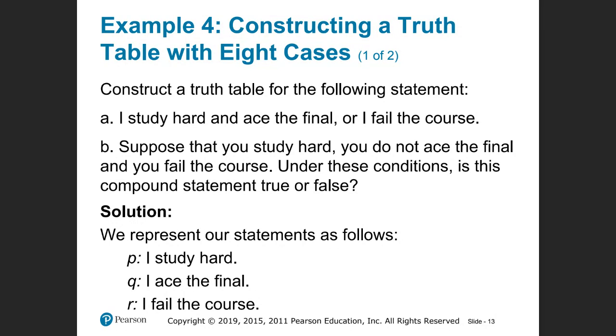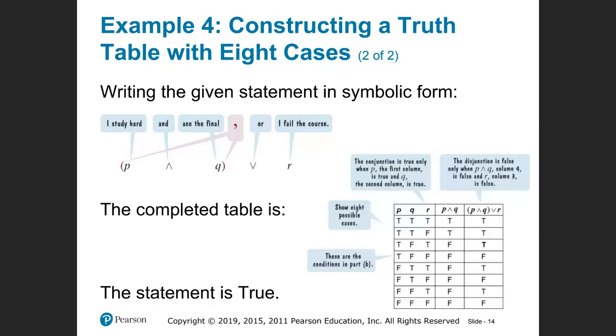So to start out, we're going to represent our statements as follows. P is going to be I study hard, which is the first part of A. Q is I ace the final, and R is I fail the course. So we take that directly from the statement in A. We're going to write the statement in symbolic form.